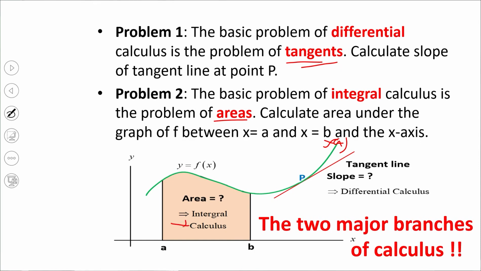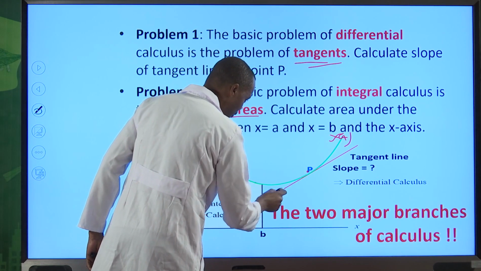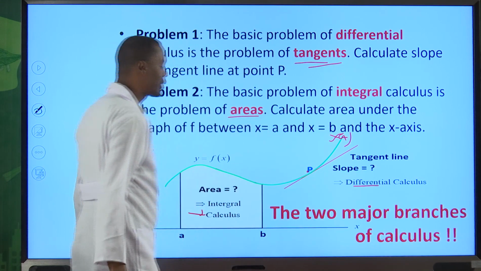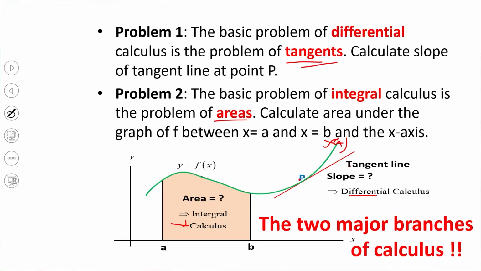If I'm interested to find the slope of that curve at a certain point by drawing a tangent line to it, that would lead me to what is called differential calculus. And this is the way calculus has been developed.